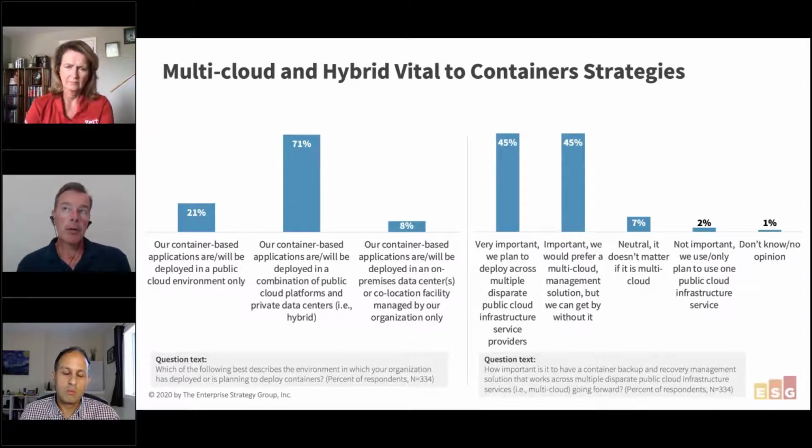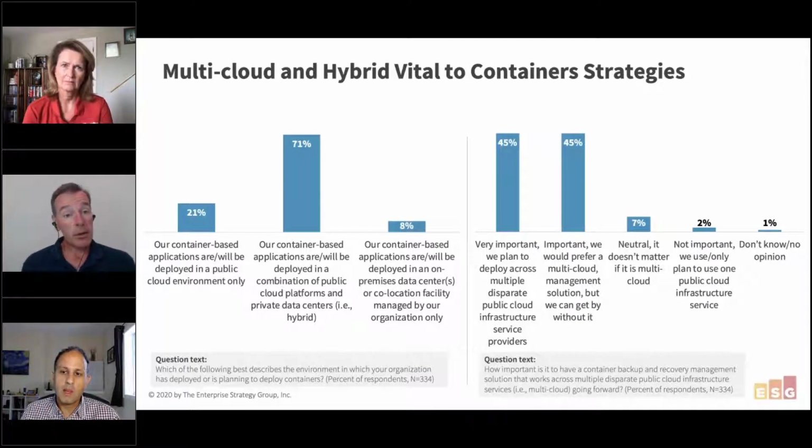Now, of course, you look at that and compare and contrast with the backup and recovery strategy, and it's a double click on what I call the RFP. As you could see, look, it's super important to have a solution that's going to be multi-cloud. 45% said it better be multi-cloud.